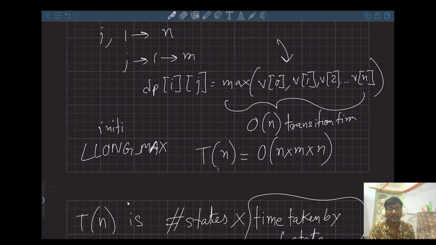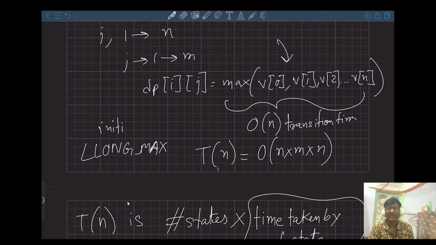So in this case, the transition time also depends on the state. j can go from 1 to n, i can go from 1 to n, and I am transitioning from 0 to Vi or maybe Vj.